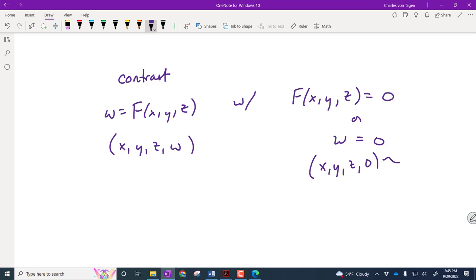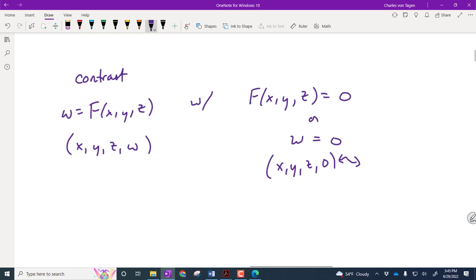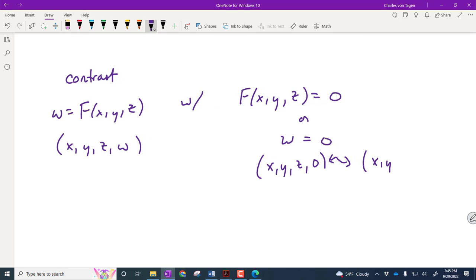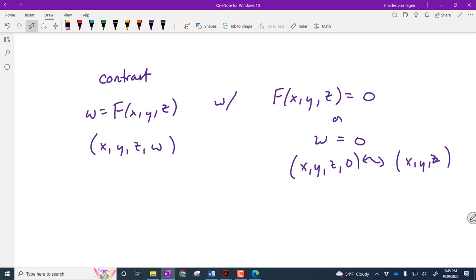So we go ahead and say that there's no distinction between that and just the x, y, z. So that's why I'm saying that although this is an object that lives in R4, we can think of this as an object that lives in R3. Yeah, thank you for asking that.